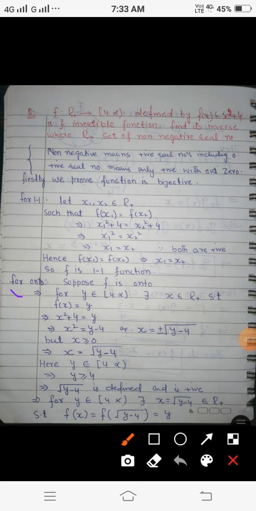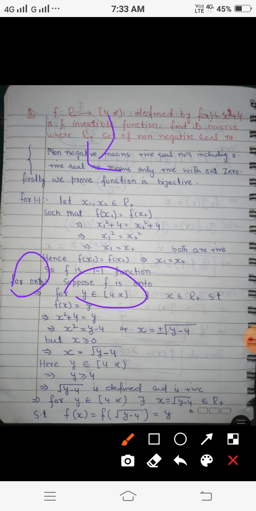Now for onto, we prove this by the contradiction method. If f is onto, this means that any arbitrary point of the codomain is actually a range element. Let's assume that y belongs to [4, infinity), that is, y is an arbitrary element.